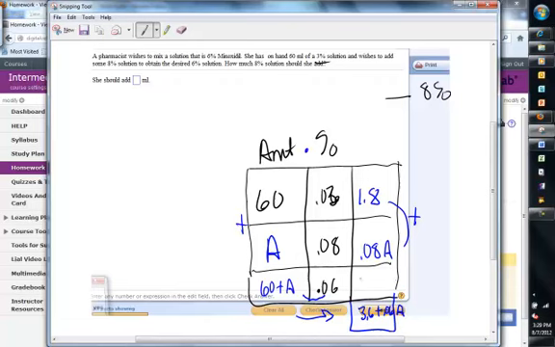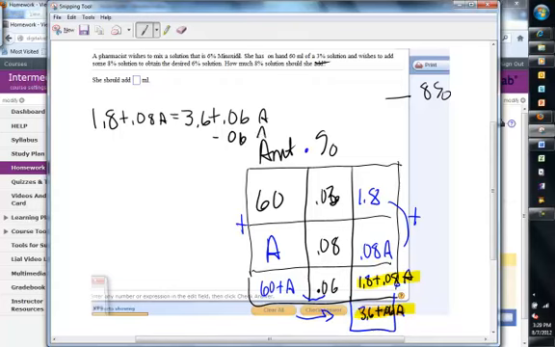Let's add going down here. That's 1.8 plus 0.08A. Those two boxes are equal. So our formula is 1.8 plus 0.08A equals 3.6 plus 0.06A. To solve this, we subtract the smaller amount from each side.